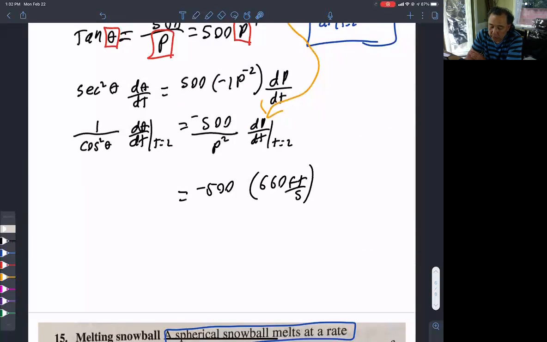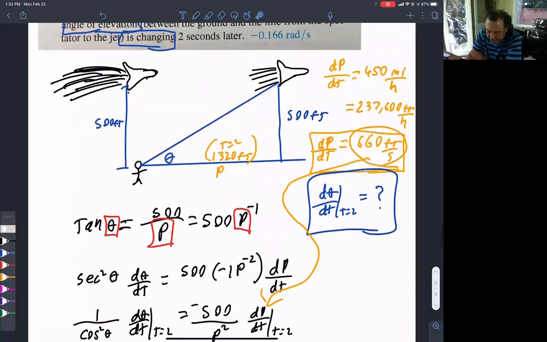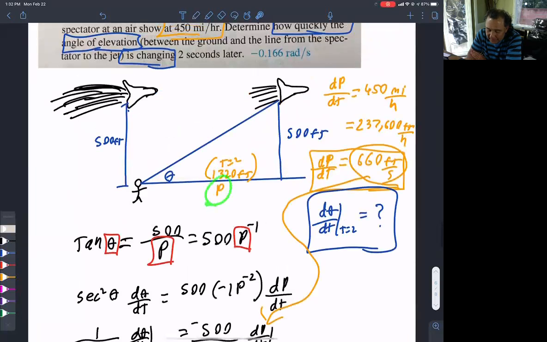Okay, here's the problem. We need to know what p is, and we need to know what cosine theta is, and we will be really close to getting our answer. Well, how do we figure that out? What's p when t is 2? Well, how fast is this plane traveling? This plane is traveling 660 feet per second.